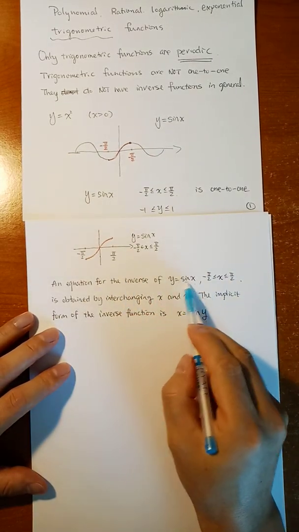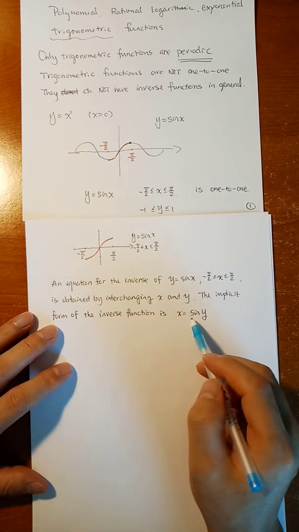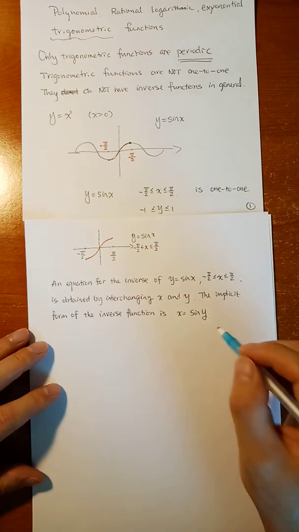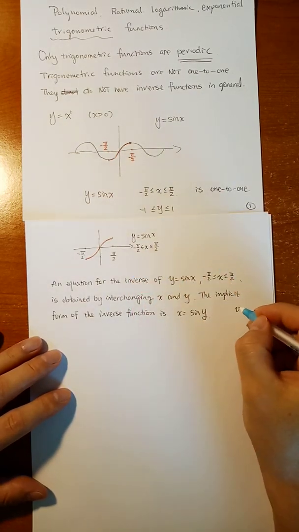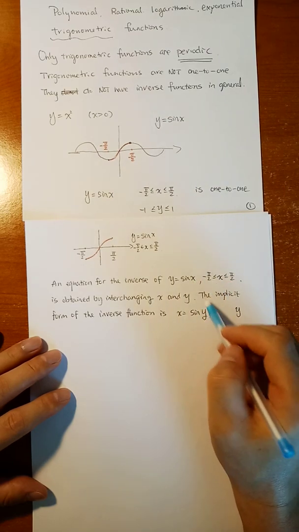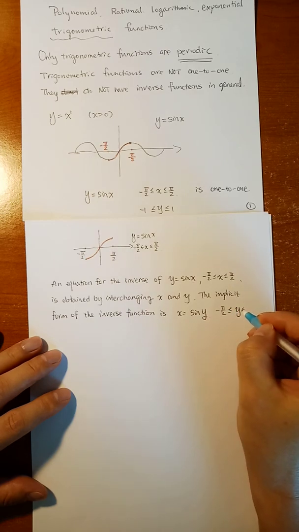You just interchange x and y. We just get the implicit form; we don't have the explicit form. Here, y is in the same place as x, so y is between negative pi over 2 and positive pi over 2.